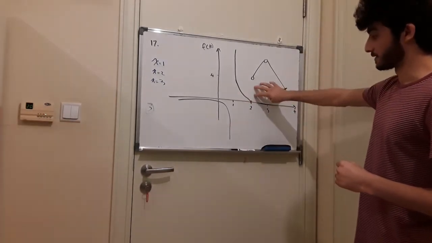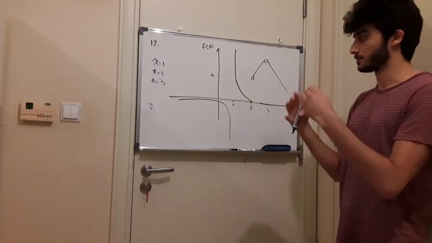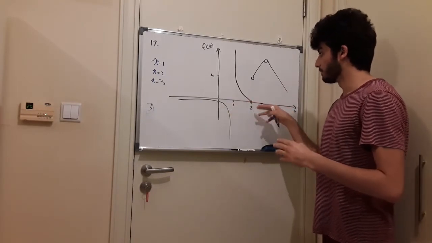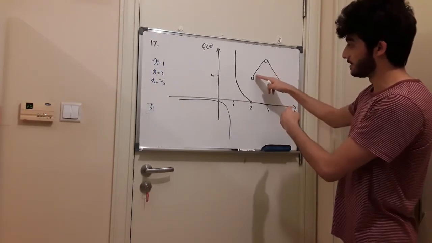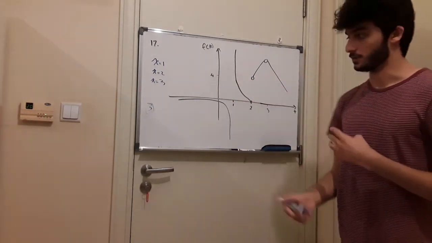Here you have a jump discontinuity because the limit as x approaches 2 minus, from the left side, is going to be 0, but as x approaches 2 plus, from the right side, it is going to be 4. So there are 2 different values, so it's a jump discontinuity.